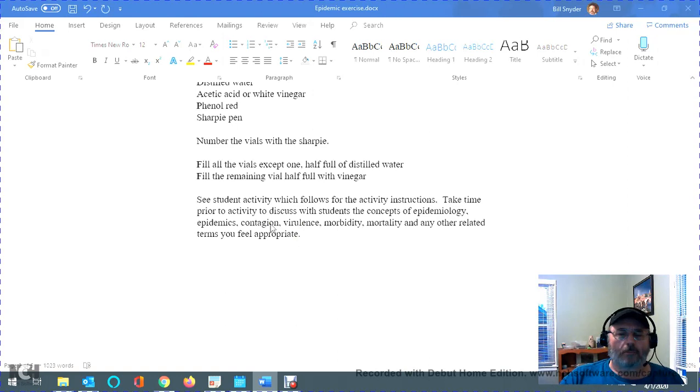There are a number of things that come into play, but for our purposes, we're going to say that also with contagion, how likely is it after being exposed that you will get sick? So this one is 100% virulent. You will get it when exposed to it. Now, there are very few diseases out there like that.